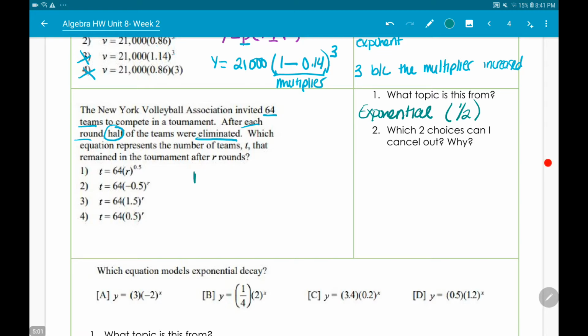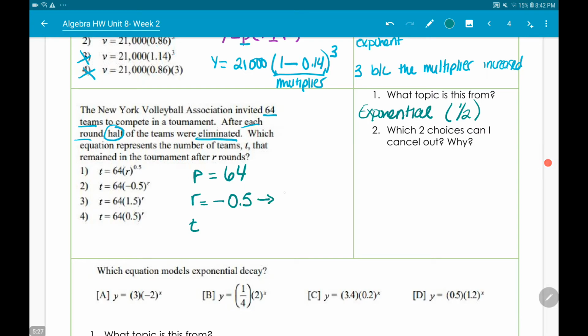So let's find what's P, what's r, what's t to help us eliminate two choices. P was our starting value, our principal value, which was 64 teams. My rate is decreasing by half. So if I'm decreasing by a half, 1/2 is 0.5.